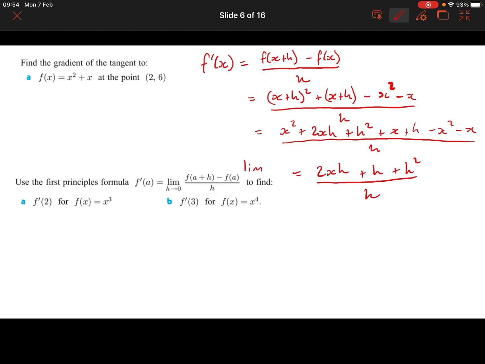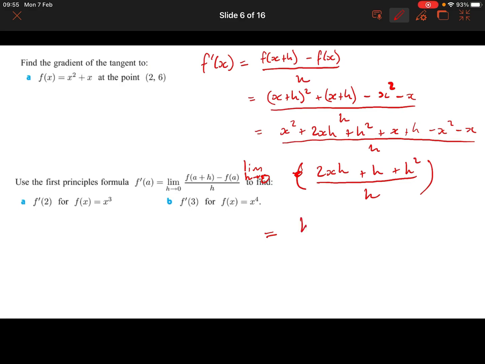Sorry, I'm getting headaches here. As h tends to 0, let me just make sure it's done properly. I need to take the limit as h tends to 0 of this. And so what I can do is remove the discontinuity.